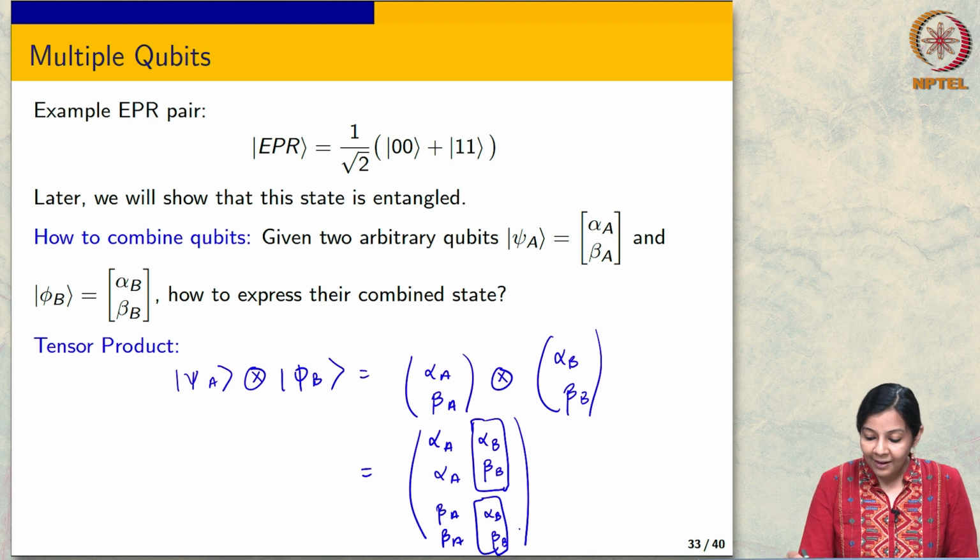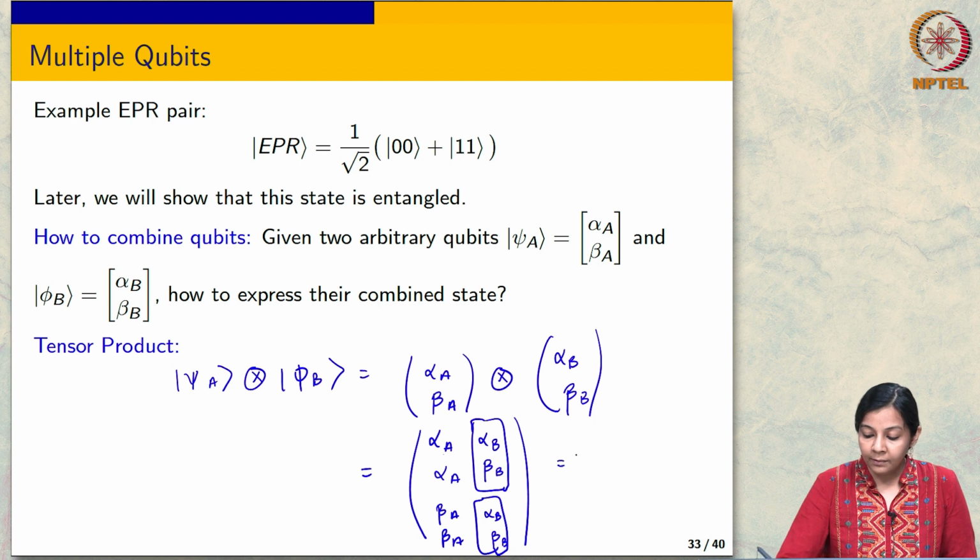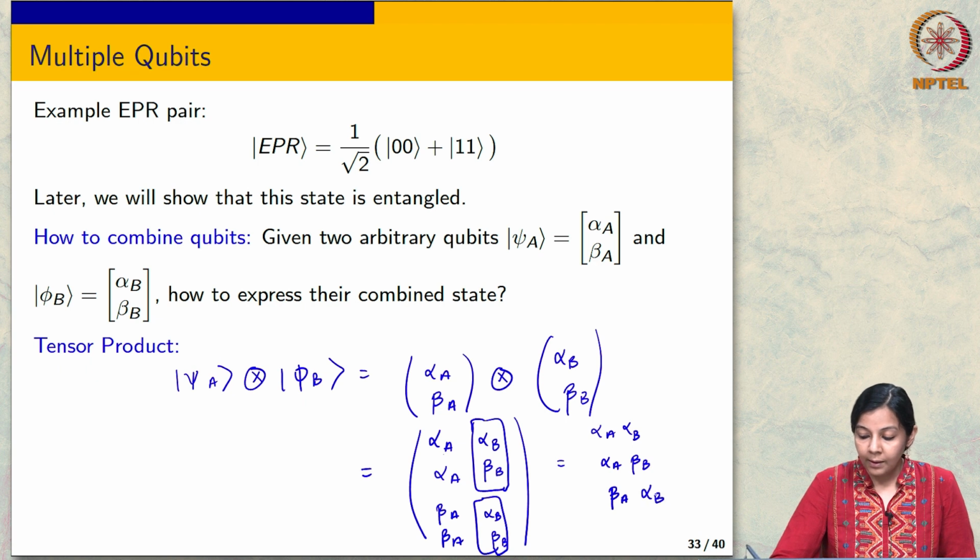I should emphasize that I made these boxes just to show you what sequence to follow. It can be a little confusing because here I say alpha A, alpha B, beta B, but why don't I say alpha A, alpha B, beta A, alpha B? These boxes are not really there. So it's just alpha A, alpha B, beta B, beta A, alpha B and beta A, beta B. So it's just this.